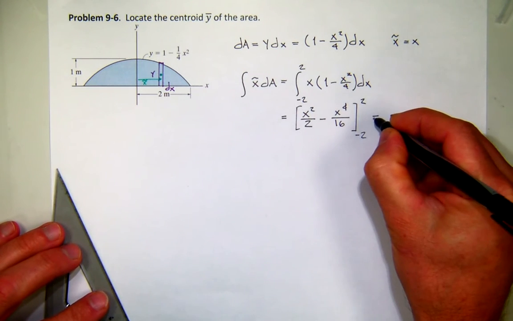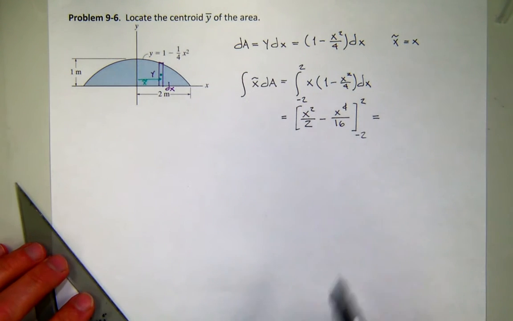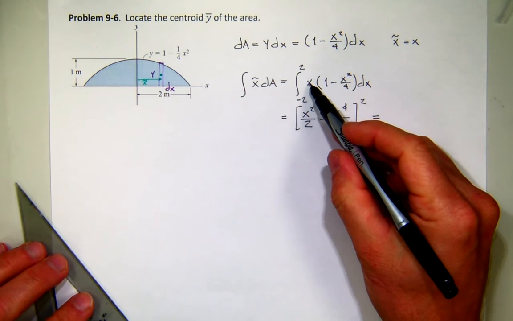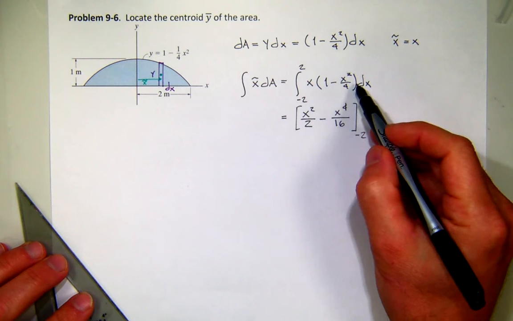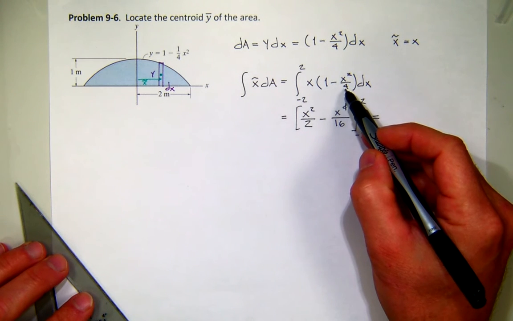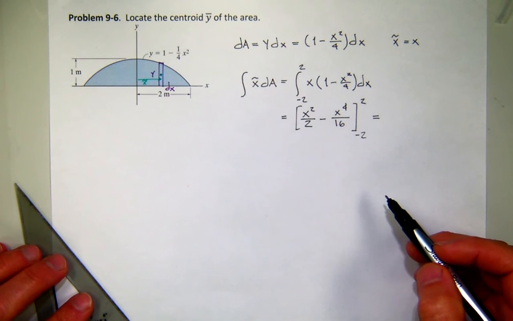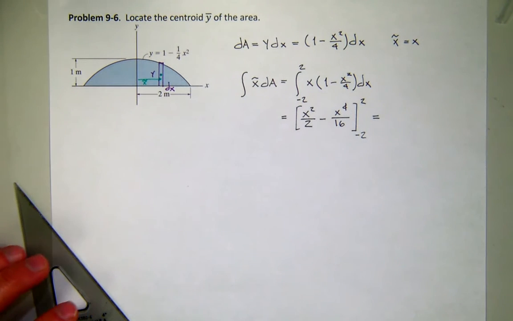Did you say that the second term is x cubed over 4, sir? Right. If I multiply x through all these terms, I should get x and then x cubed over 4. And then I integrate those. Hopefully I get that. So we're going to need to evaluate that. It'll take a minute to do.